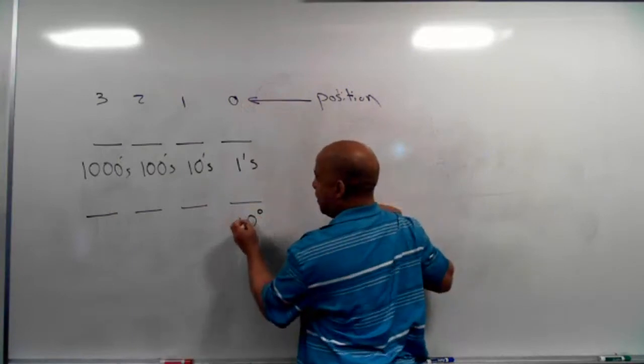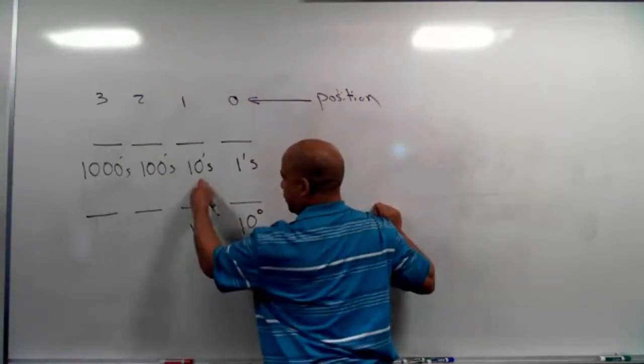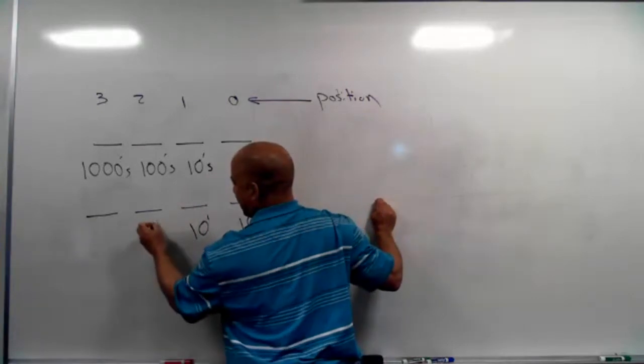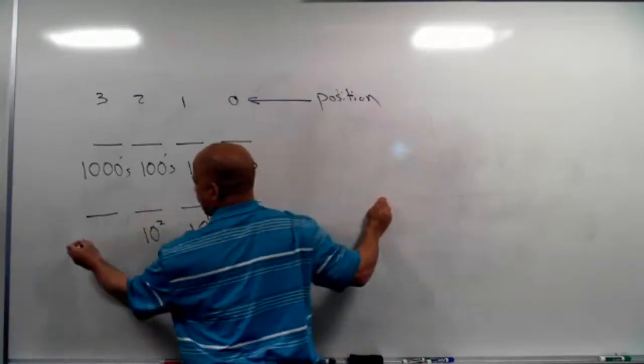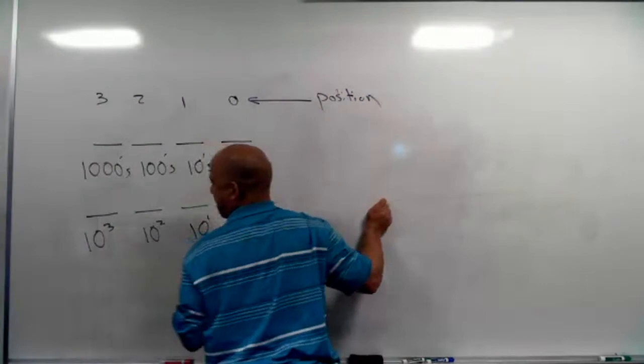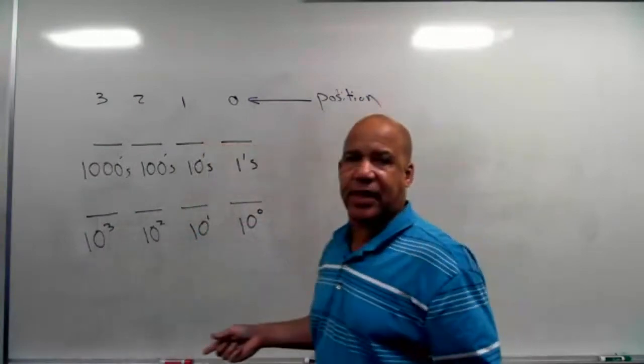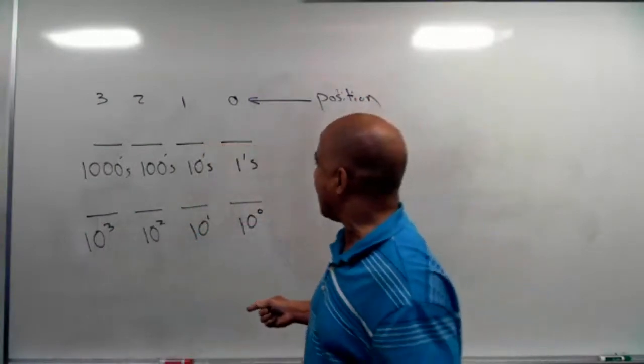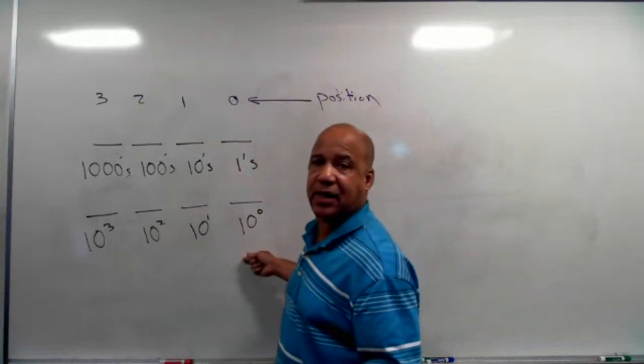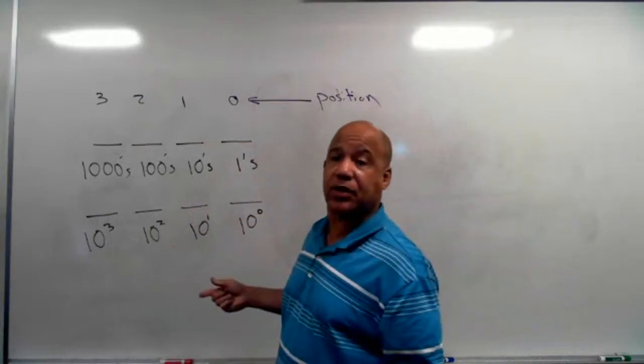So this is 10 to the 0. This is 10 to the first. This is 10 to the second. And this one is 10 to the third. As I said a second ago, this is nice because it not only works with a base 10 number system, it works with any number system.